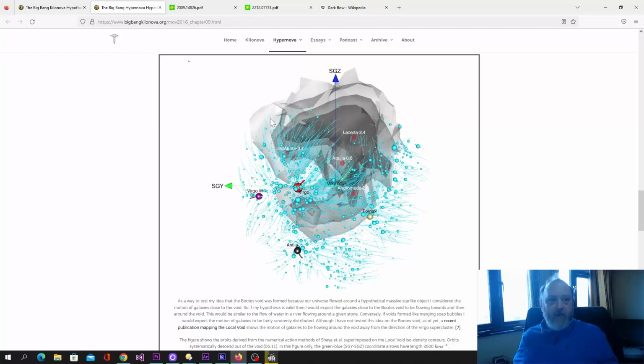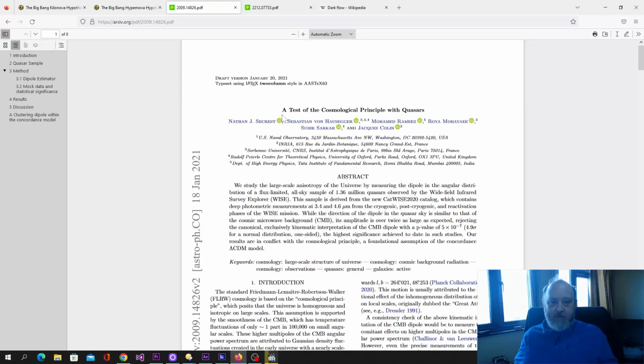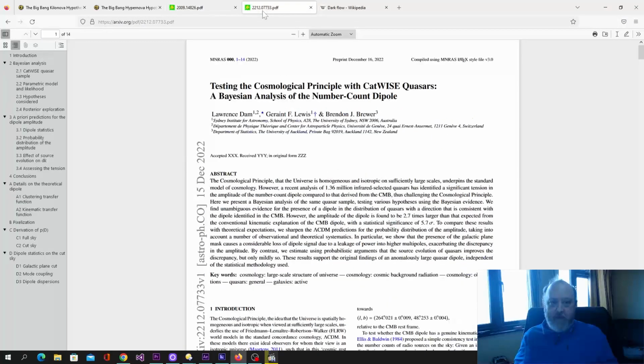I'll start with the Lambda CDM model's explanation, and then I'll present my explanation as an alternative, and the test of it really comes down to these two particular papers.